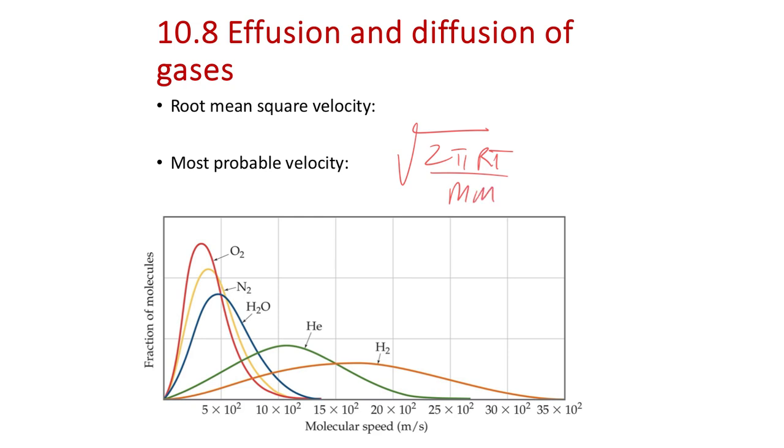And the root mean square velocity is the square root of 3RT divided by molar mass, which is a little bit higher than our most probable velocity. If you notice, the only difference here is the number 2 versus 3 in the equation.